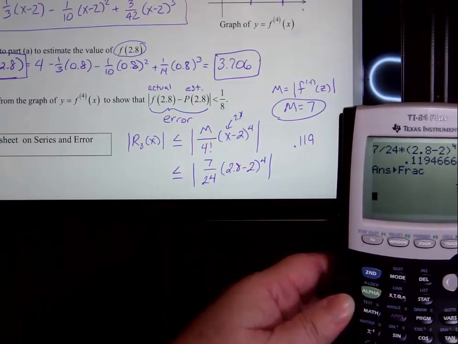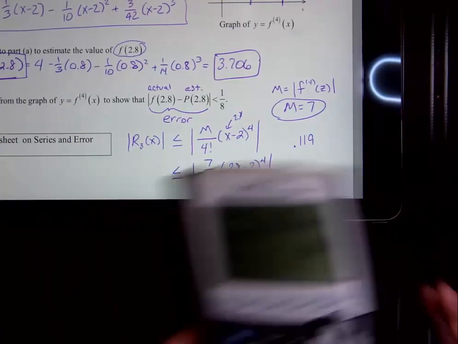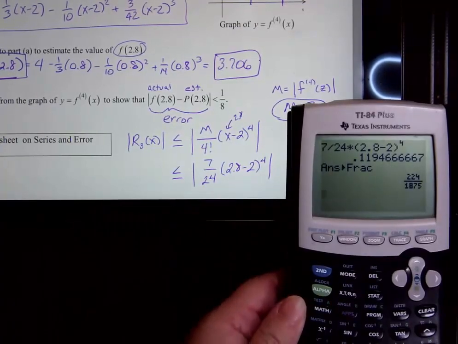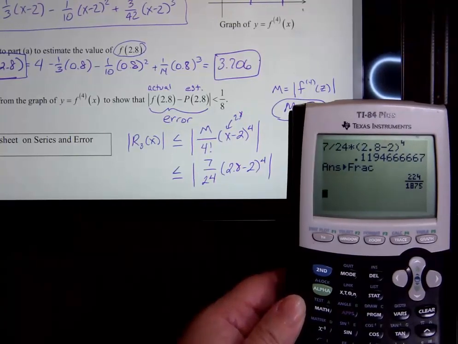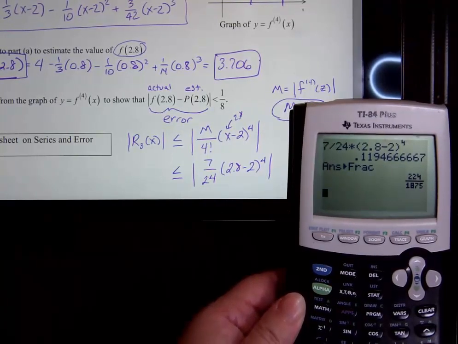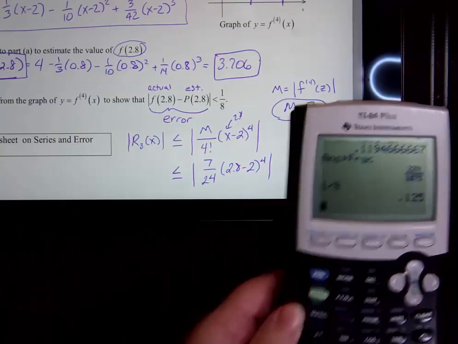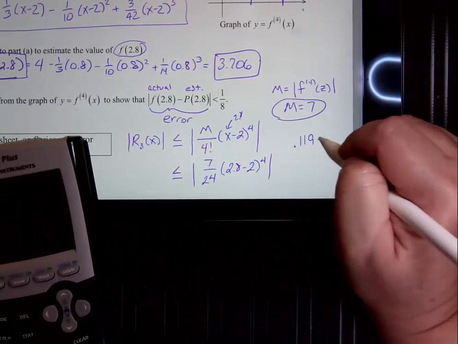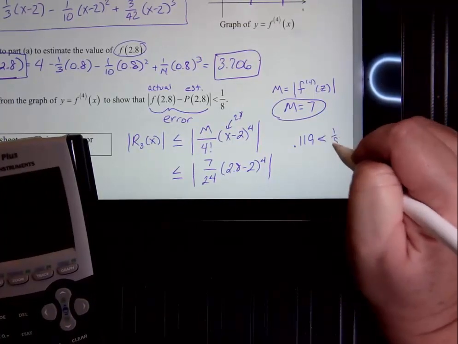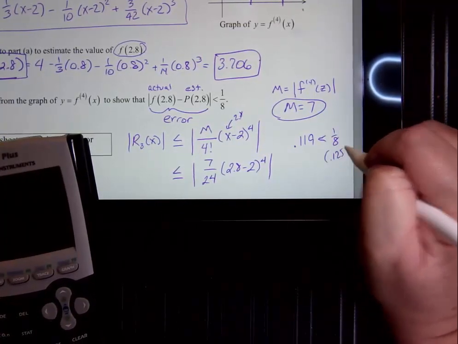It's already in fraction form, so that doesn't really help me. What would help me is to make them both into decimal form. Wouldn't that make a little more, think about it. So let's take the 1 over 8 and make it a decimal. Ooh, that's 0.125. So is that smaller than 1 over 8, which is 0.125? Yes. Check. I'm done.